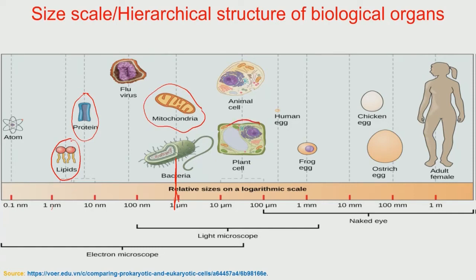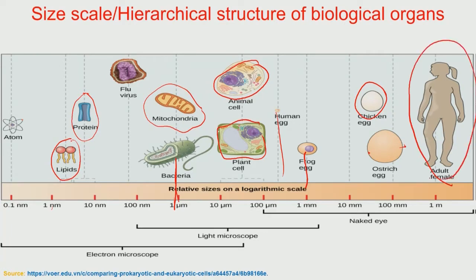You have plant cells, and then you have animal cells. These plant cells and animal cells vary between 20 to 30 micrometer. You have human egg, frog egg, and chicken egg. So, these are larger in size, and then you have a human, with a length somewhere between 1 meter and above.